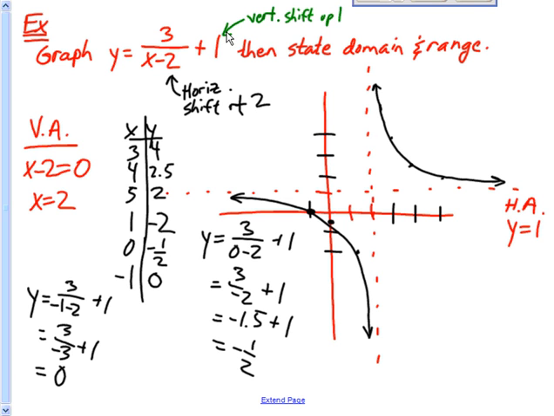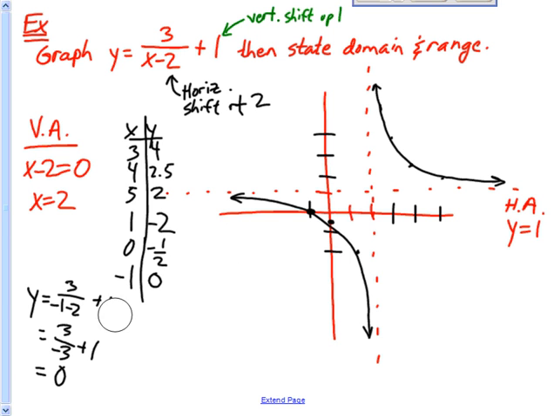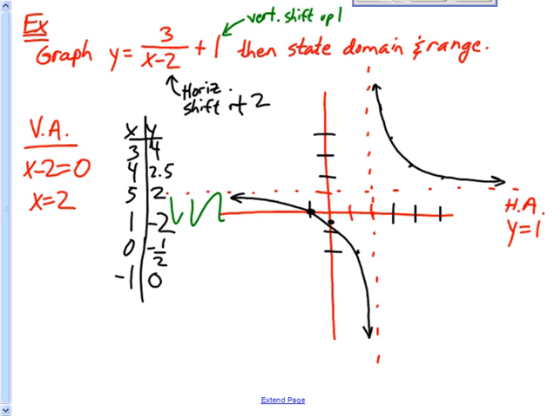Okay, now the domain here. You notice, you're looking left to right, aren't you? Okay, so you're like, well, it keeps going way out to the left. All these x values are on here. They're all defined in this area. And then you have this interruption, don't you? It's all on there, but you have that interruption of the vertical asymptote.